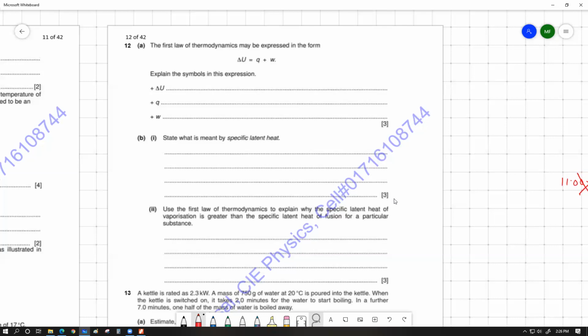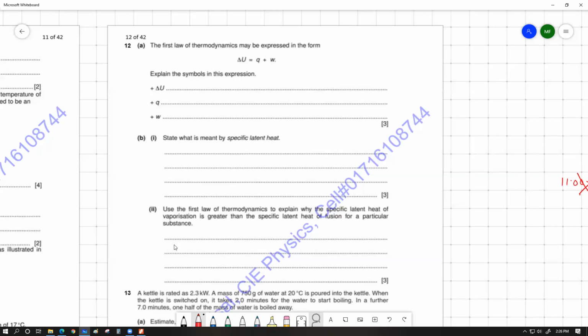But the additional information is that in this process the temperature remains constant. That's what is important for latent heat of fusion. Whenever we use the term latent heat, it is always measured when the temperature is stuck at the transition temperature, the solid to liquid or liquid to gas. So that's a bit important information.